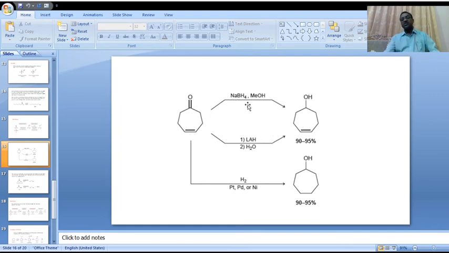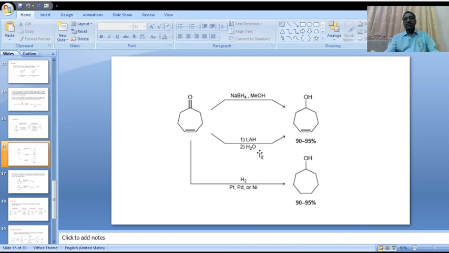In presence of sodium borohydride and methanol we get monohydric alcohol, and the same reaction proceeds in presence of LAH and water molecule.